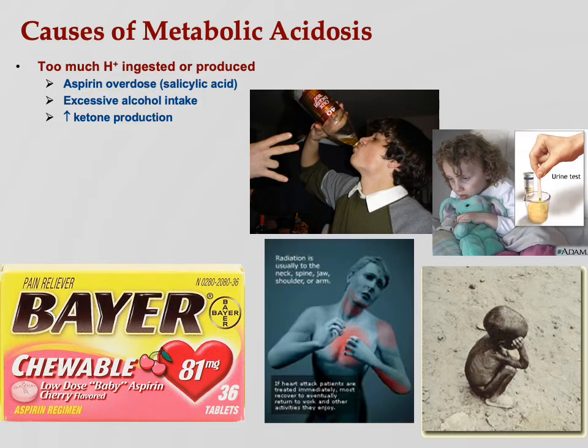Ketone bodies will lower pH, and that produces ketoacidosis. Ketones, by the way, are a carbonyl group with a couple of things stuck on it. That's a standard chemical group, so these are all ketones. They're very useful, your body can use them, but if you have too many of them, they will lower your pH.